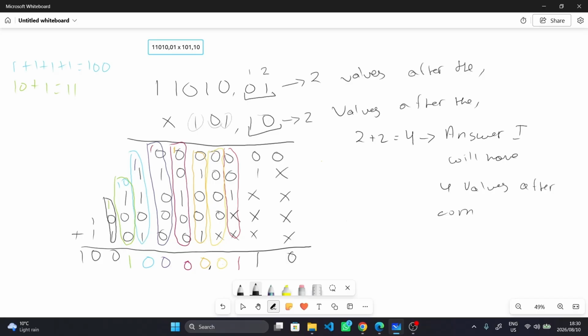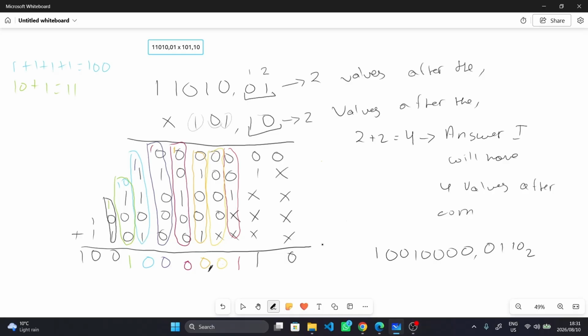So that means I put my comma here. That's the easiest way to place the comma. And if you forget about the comma when you're doing long multiplication, your answer will be 10010000, comma 0110.